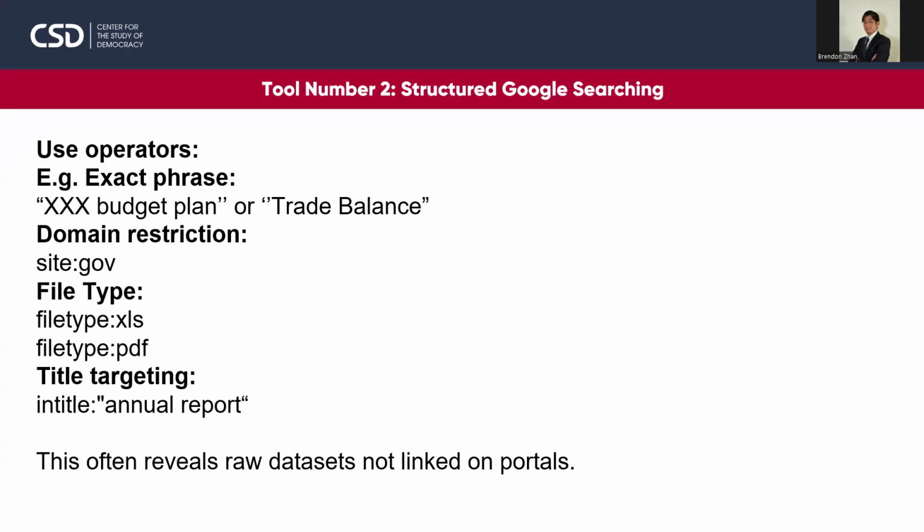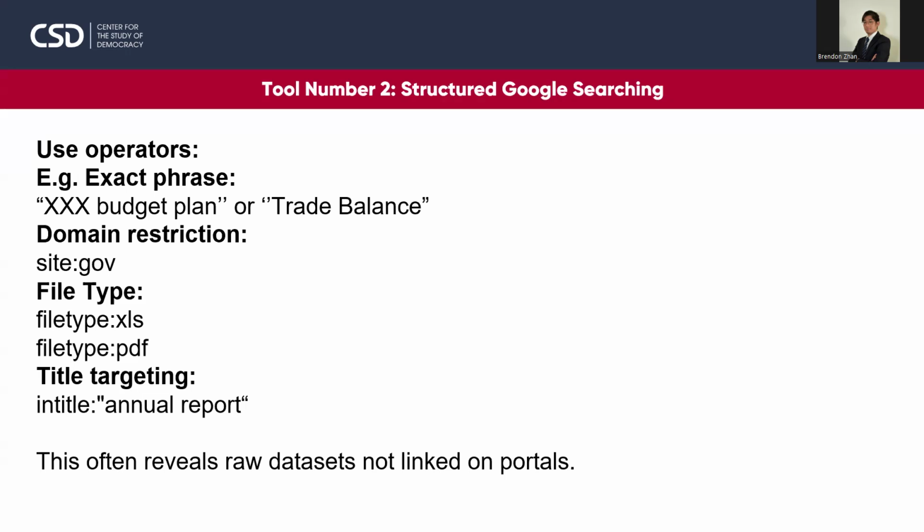One of the tools that we could use is Boolean search. Google remains one of the most powerful OSINT tools when used correctly. If we use search operators structurally, it will allow us to find documents that are not easily visible.